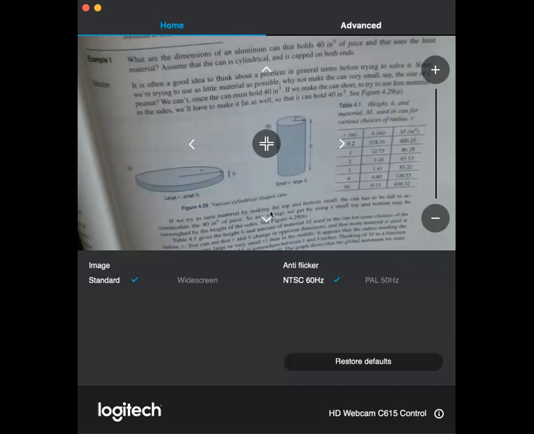All right, so there's a couple of pieces of information here. It's an optimization problem. We want the can to hold 40 cubic inches of juice. We usually don't talk about cubic inches, do we? We've got fluid ounces and that kind of stuff. But they're talking cubic inches, and uses the least material.